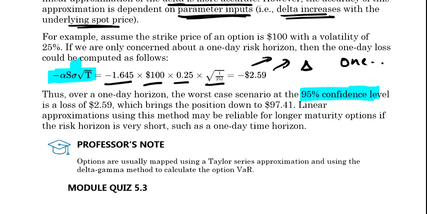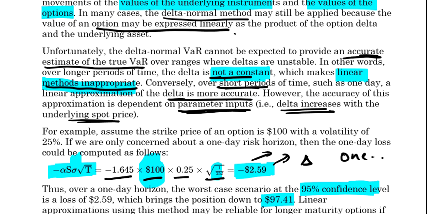Then we are using the sigma, which is given as 0.25, and then root over T, where we are taking the value of just 1 day, that is 1 by 252. So we are able to get the VAR. Clear? This means that our position of 100 will decrease by 2.59 and come to 97.41. Clear? So here we have completed our chapter.